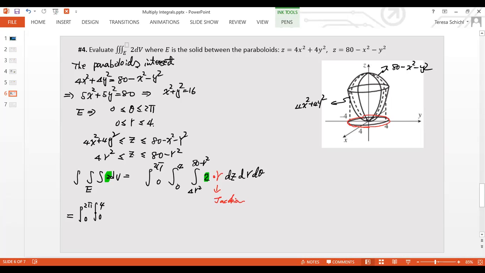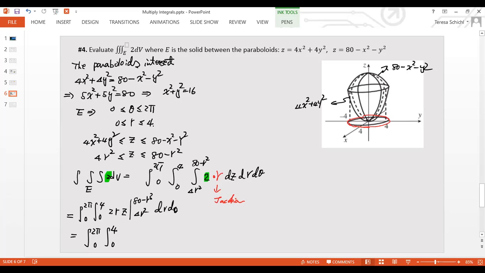So when you integrate z, you have 2r times z from 4r squared to 80 minus r squared, then dr d theta. Now you substitute. This becomes a very routine, calculus 2 type of integration.